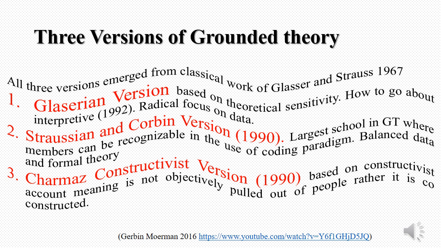They developed extensive coding schemes, balanced data and formal theory. Last but not least, Charmaz's constructivist version that emerged in 1990 was based on a constructivist account, which stated that meaning is not objectively pulled out of people, rather it is co-constructed.